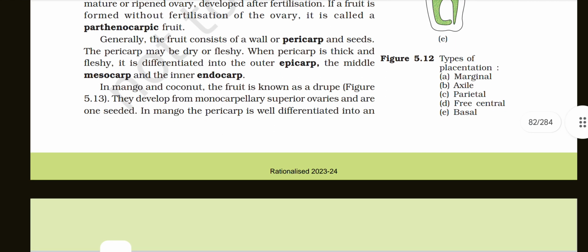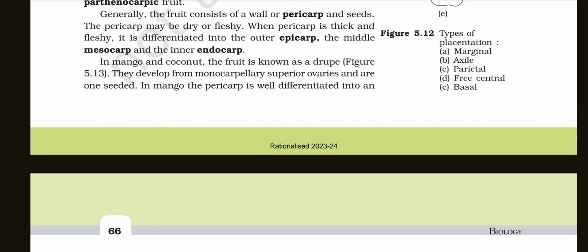Generally, the fruit consists of a wall or pericarp and seeds. The pericarp may be dry or fleshy. When the pericarp is thick and fleshy, it is differentiated into outer epicarp, middle mesocarp, and inner endocarp. In mango and coconut, the fruit is called a drupe.